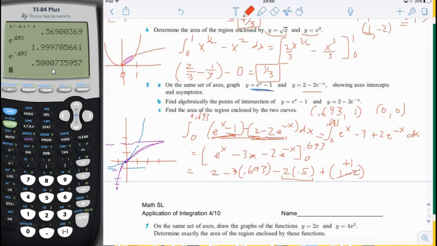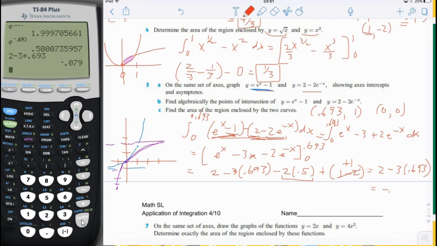And so we just end up with 2 minus 3 times 0.693. So let's do that. 2 minus 3 times 0.693. And that gives us negative 0.079.